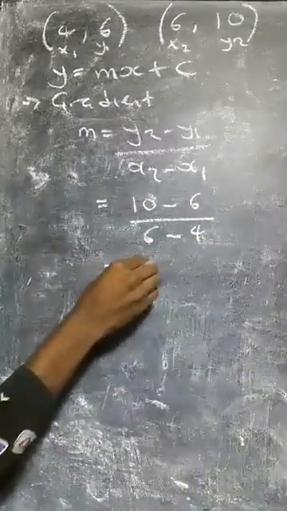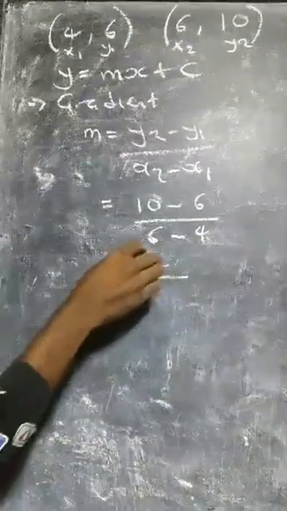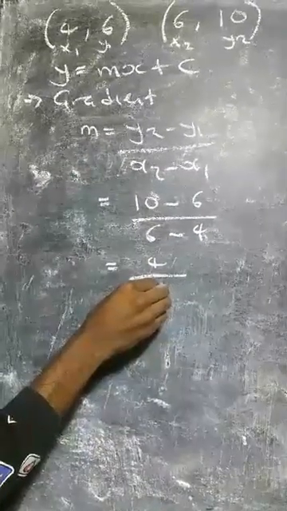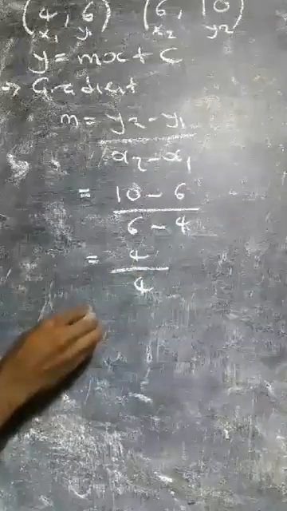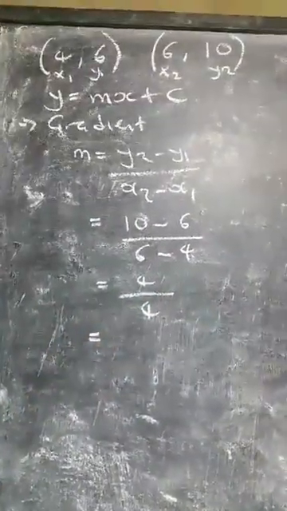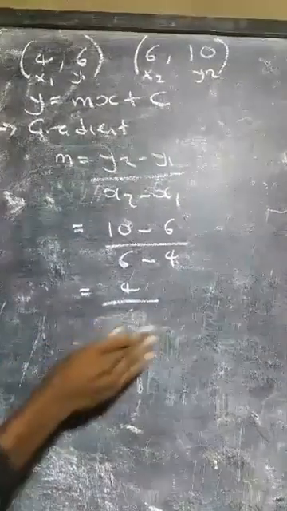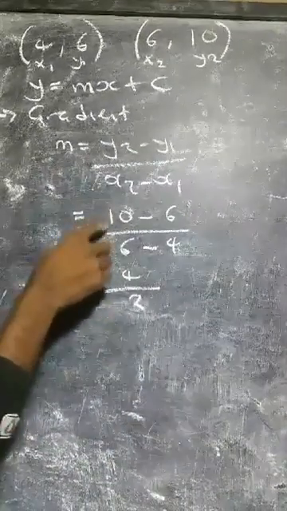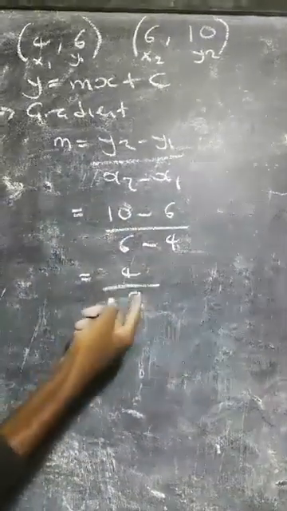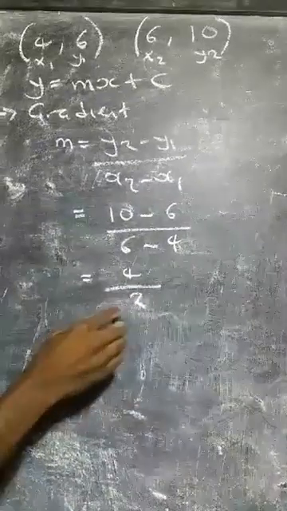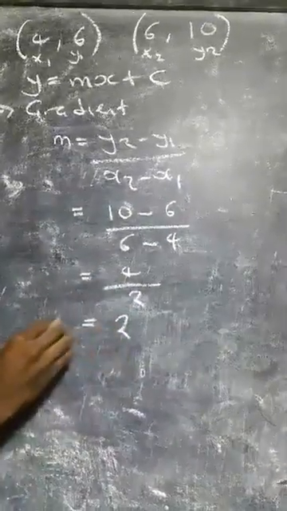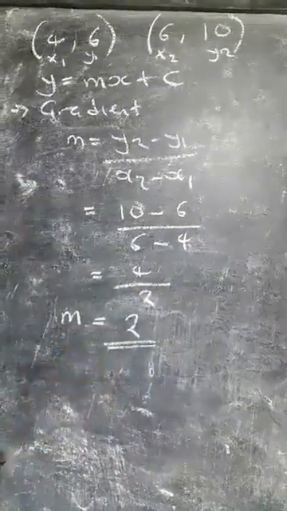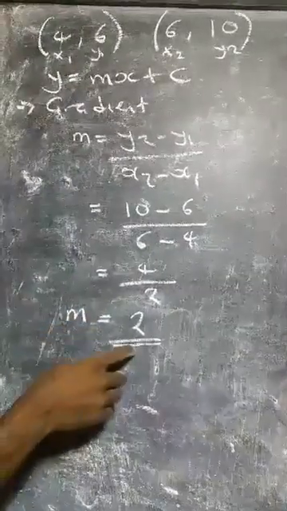So 10 minus 6, that's a 4, 6 minus 4, that's a 2. So 2 into 4, that's a 2. So gradient m is equal to 2.